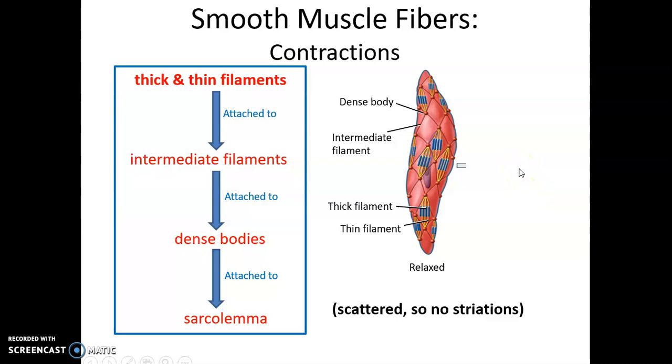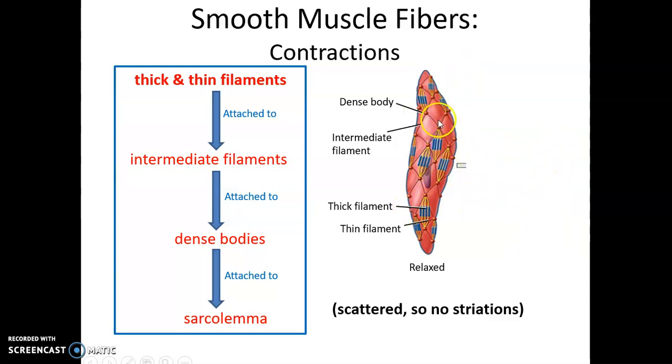Contractions. How do the contractions work? Well, they have some of the similar protein structures, but they are arranged differently, more diffusely throughout the cell, so that we have thick and thin filaments connecting, forming structures that attach to intermediate filaments, which is part of the cytoskeleton, which then attaches to dense bodies, which are structures found in the sarcolemma.